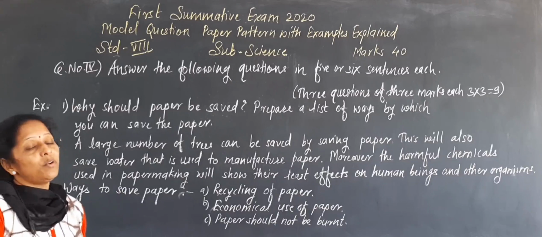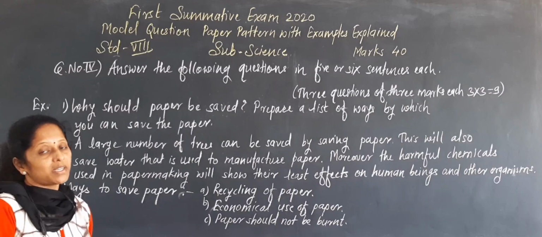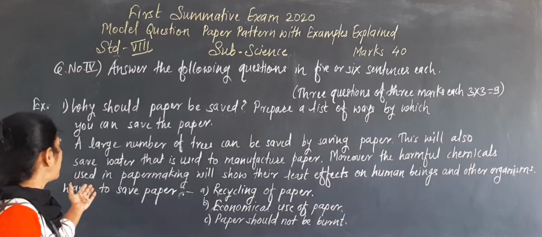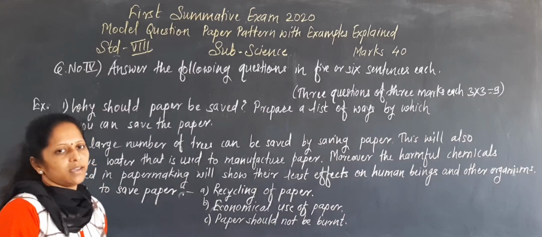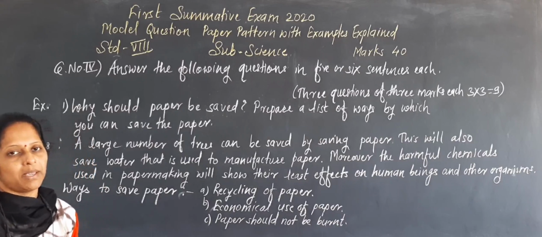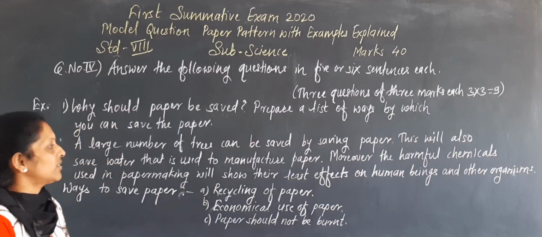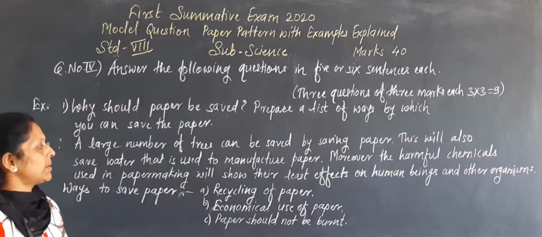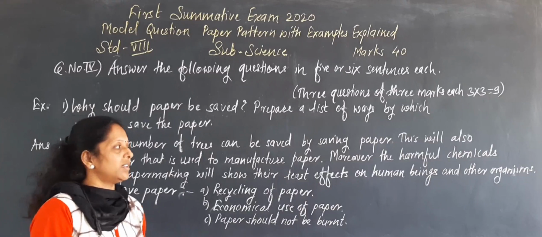When paper is manufactured, not only are water and trees used, harmful chemicals are also used for the making of paper. So these harmful chemicals used for paper making have an effect on human beings and other organisms.